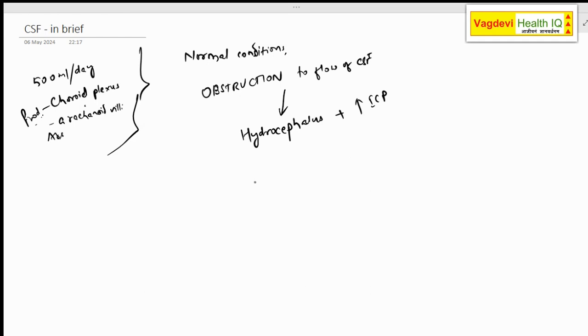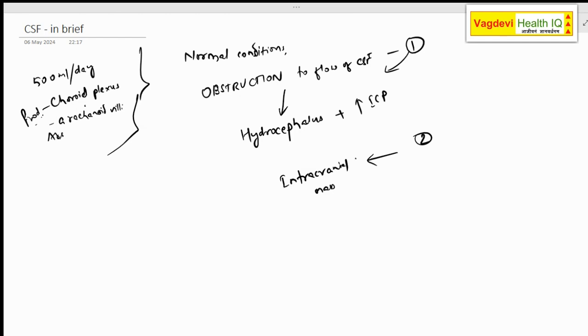Now, this was one condition, related to flow. Now, if we see the second condition, expanding intracranial mass, just now we saw on the last page.